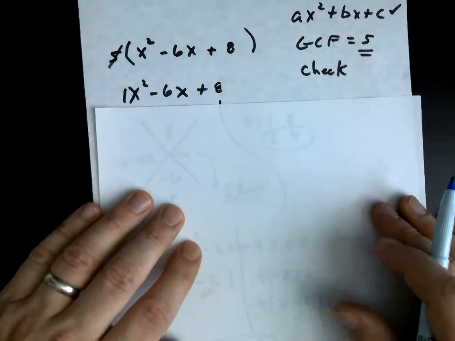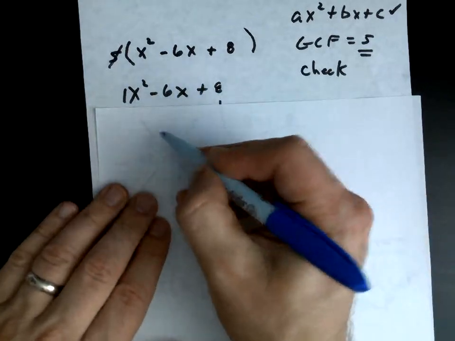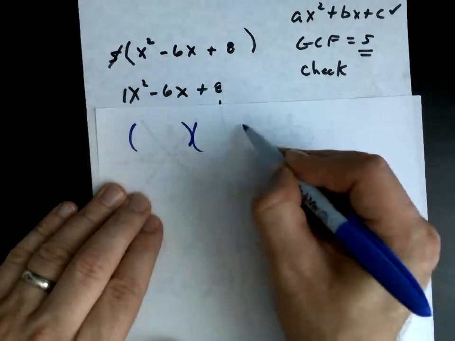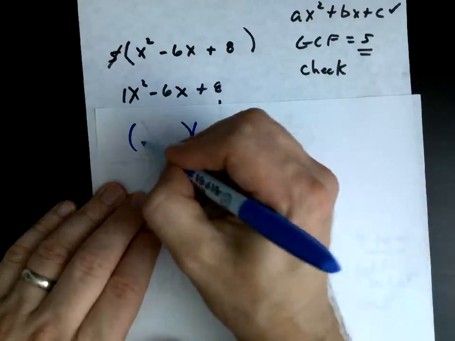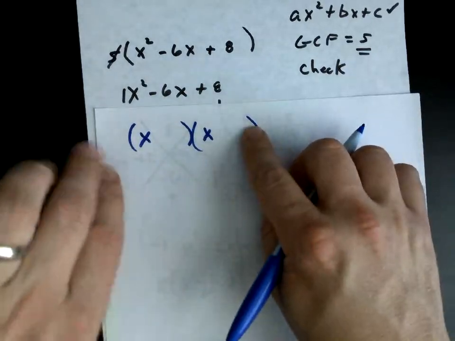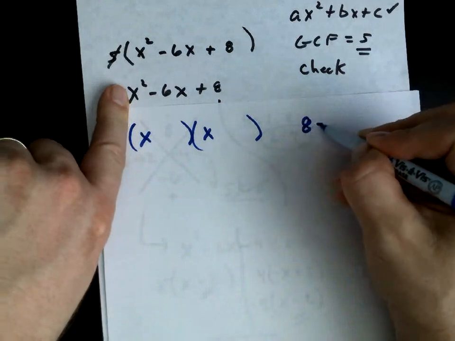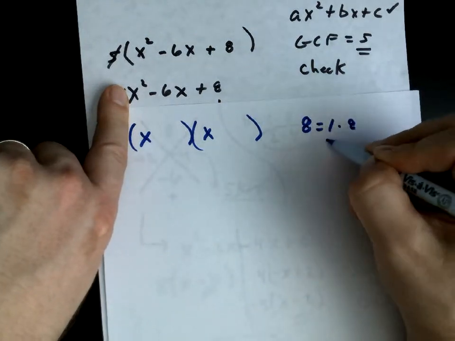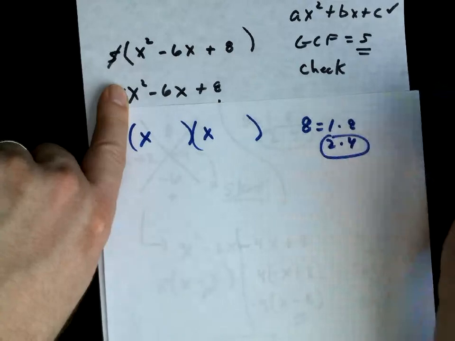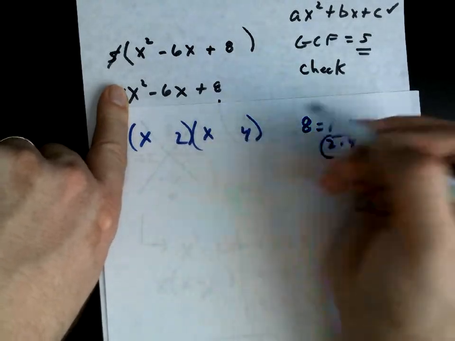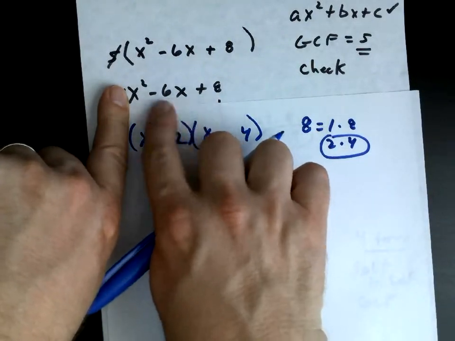You're probably a person that says, okay, I'm just going to go ahead and do that, right? I'm going to go x and x, and then I need to make 8. So you're probably thinking 1 times 8, 2 times 4. I know it has to be that, so you're going to put 2 times 4. Now you're thinking about the signs, right?